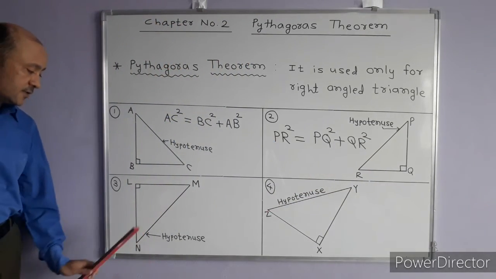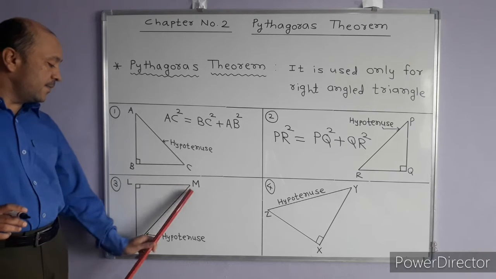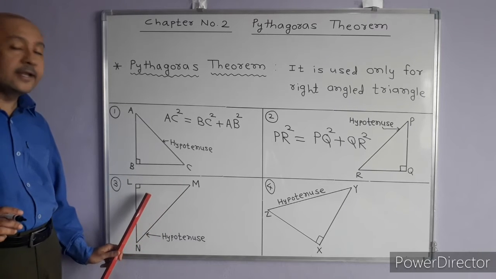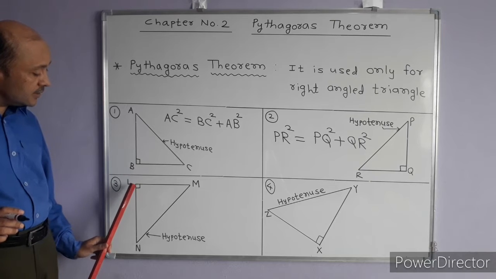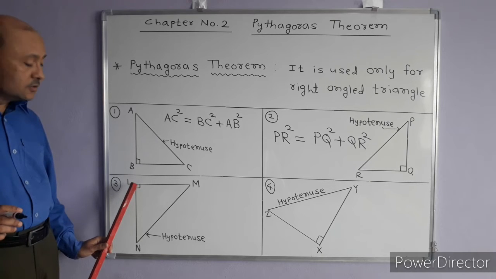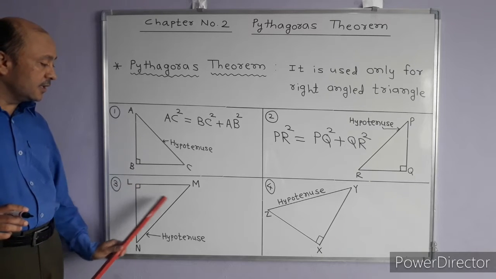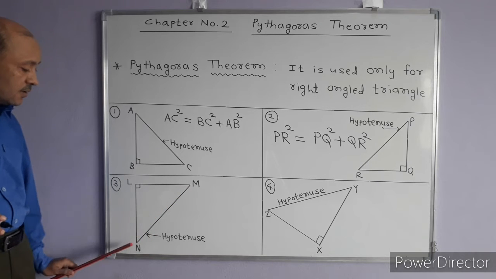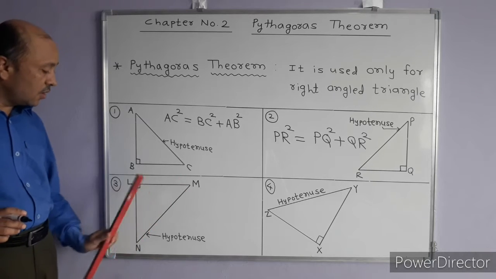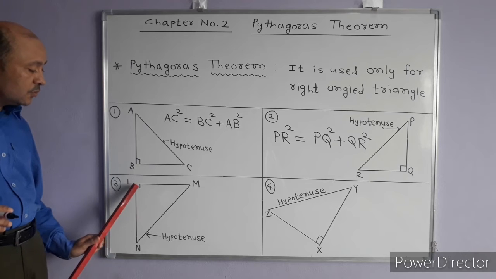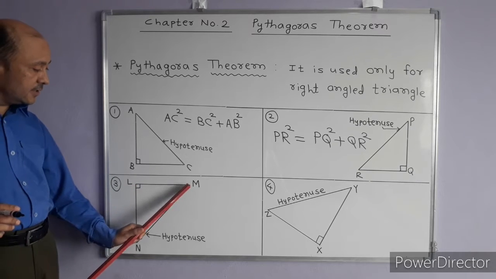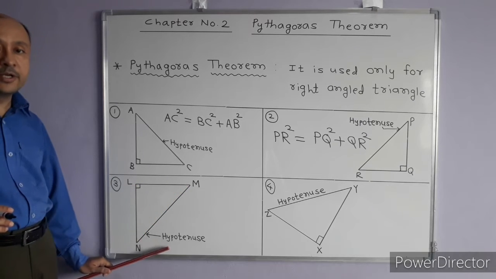Let us go to the next figure. Triangle LMN is a right angle triangle. The right angle is made at angle L. So what is the longest side of the triangle? That is side MN is the longest side of the triangle, or this is a side opposite to right angle. So this side, that is MN side, is known as hypotenuse.